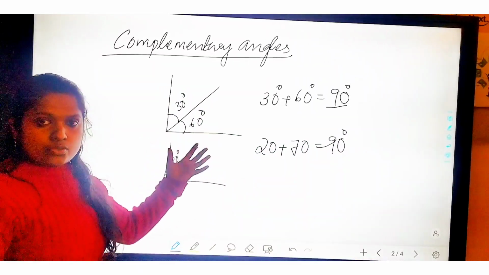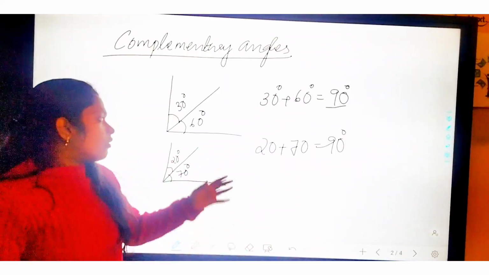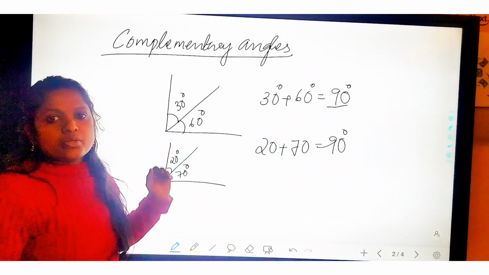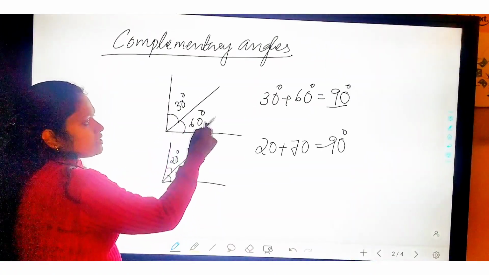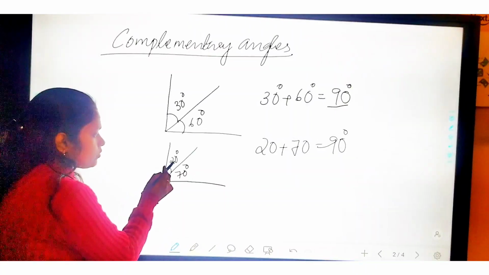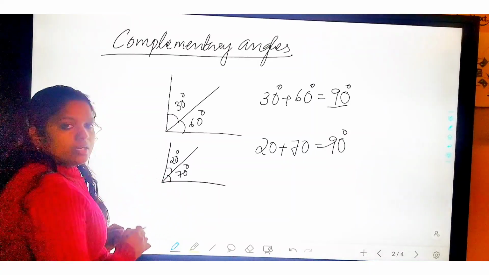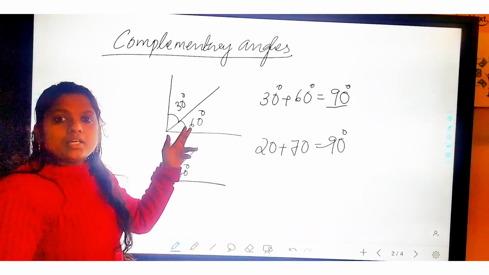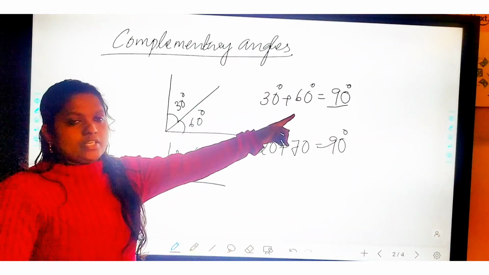If you take any two angles whose sum of measures is 90 degree, we will call them complements of each other. These are the complementary angles. 30 plus 60 equal to 90 degrees, and 20 plus 70 equal to 90 degree, so both are complementary angles. Angles are said to be complementary if the sum of their measures is 90 degree.